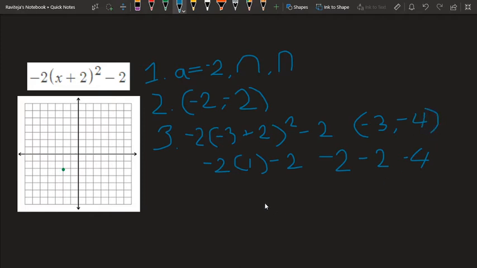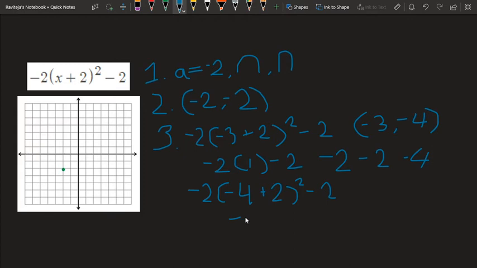Okay, now let's move on to x equals -4. So once again, let's substitute in -4 for x. -2 times (-4 plus 2) squared minus 2. Okay, so -4 plus 2 equals -2, and -2 squared is +4.